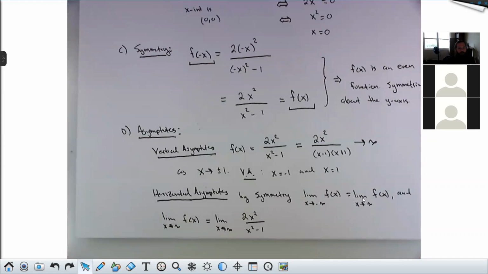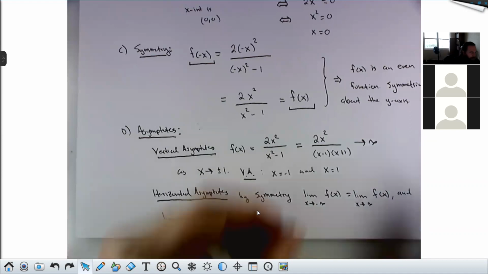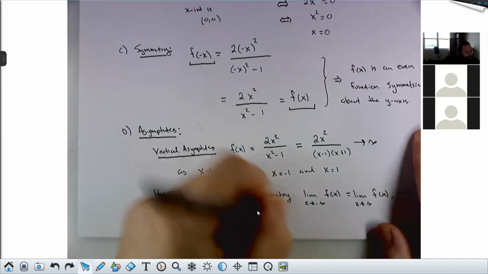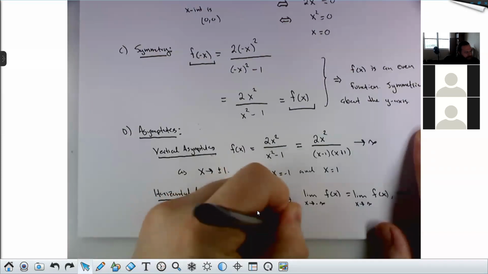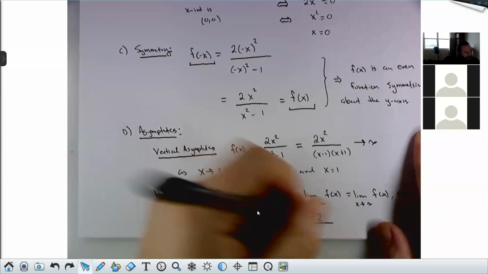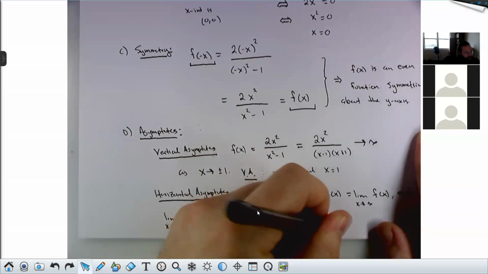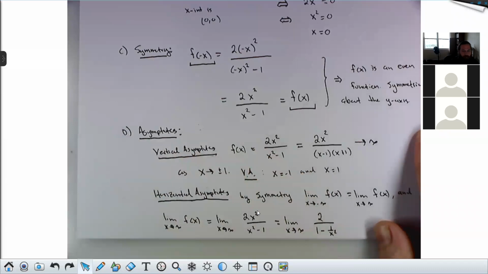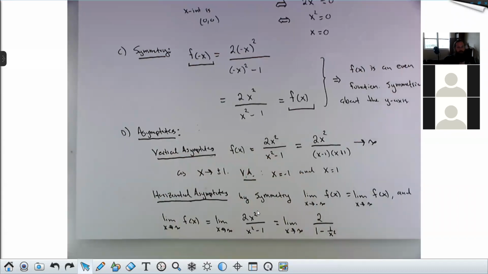And we remember the trick for these. For limits at infinity of rational functions, we divide top and bottom by the largest power. So if I divide top and bottom by x squared, I'll get the limit as x goes to infinity of 2 divided by 1 minus 1 over x squared.